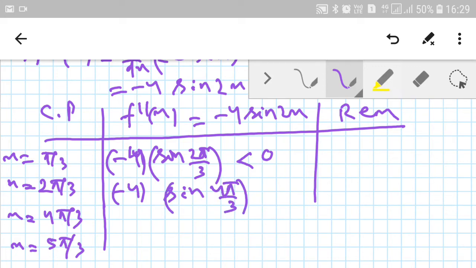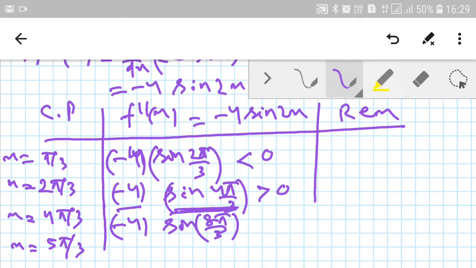So this value lies in the third quadrant, so it is negative and negative. Totally it will become positive because it is lying in the third quadrant. Similarly, this one will be minus 4 sine, and this one will be 8 pi by 3. So it will be lying in the first quadrant, positive and negative. This is negative, and here also minus 4, this is sine, this is 10 pi divided by 3.